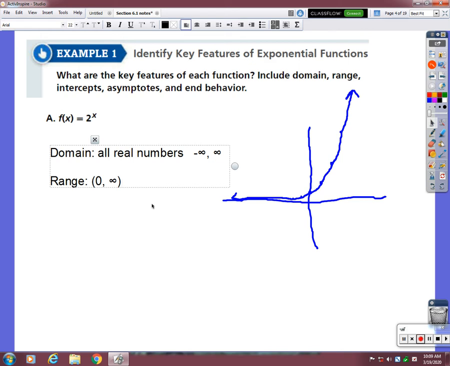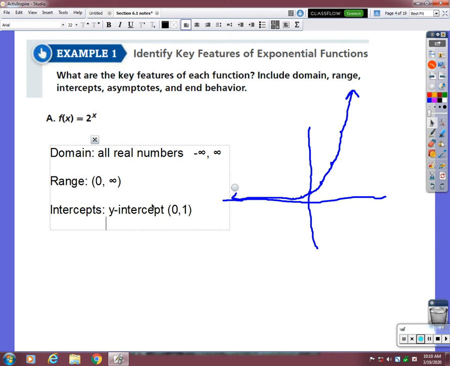Okay? All right, so what about intercepts? The y-intercept you can see from looking at the graph, or also you can just remember that you get the y-intercept by plugging in 0 for x. So our y-intercept is going to be at 0, 1.